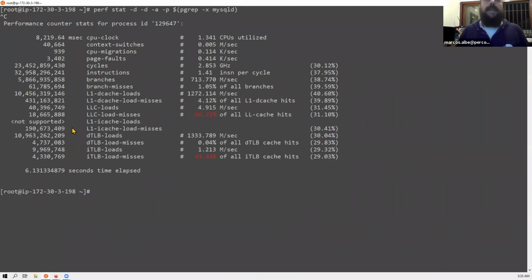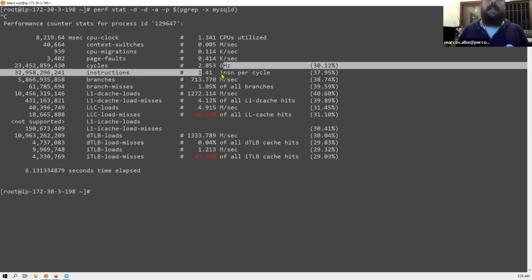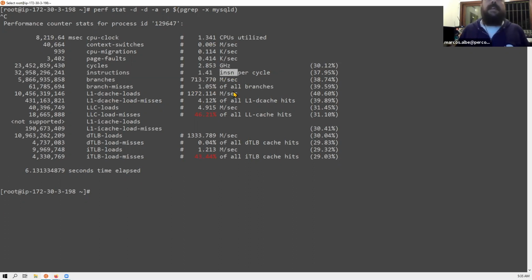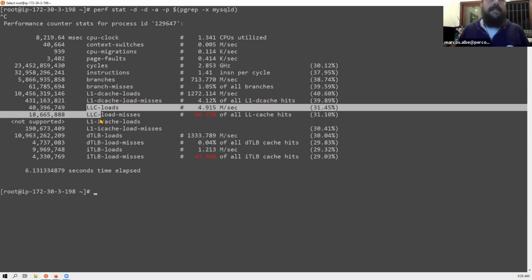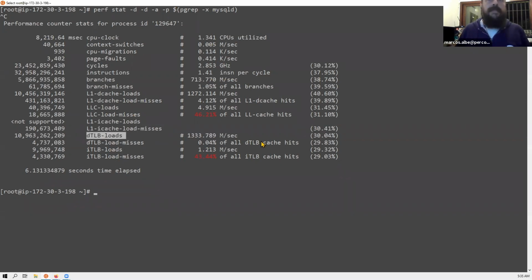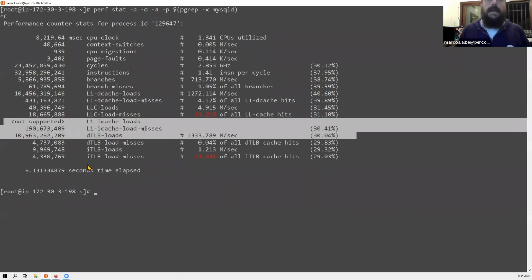Here we have a summary of those few seconds, 6 seconds during which I captured data. It shows the instructions per cycle, the branch misses, level 1 and level 3 cache loads and misses, and the translation lookaside buffers and misses.